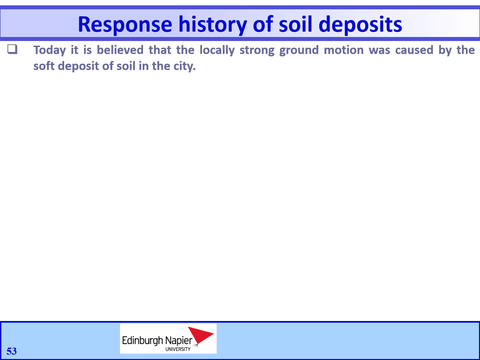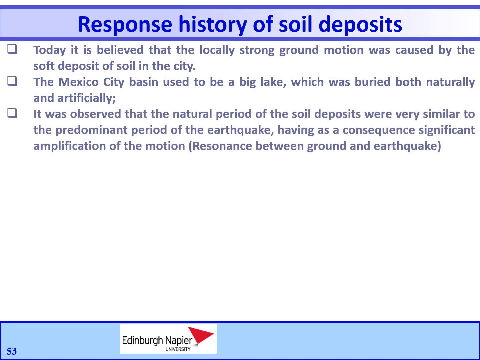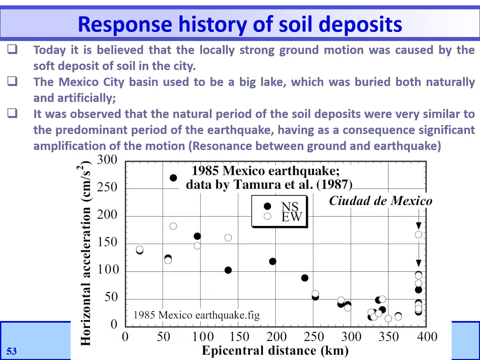Today, it is believed that the locally strong ground motion was caused by the soft deposit of soil in Mexico City. The Mexico City basin used to be a big lake, which was buried both naturally and artificially. The natural period of the soil deposits was very similar to the predominant period of the earthquake, having as a consequence significant amplification of the motion.